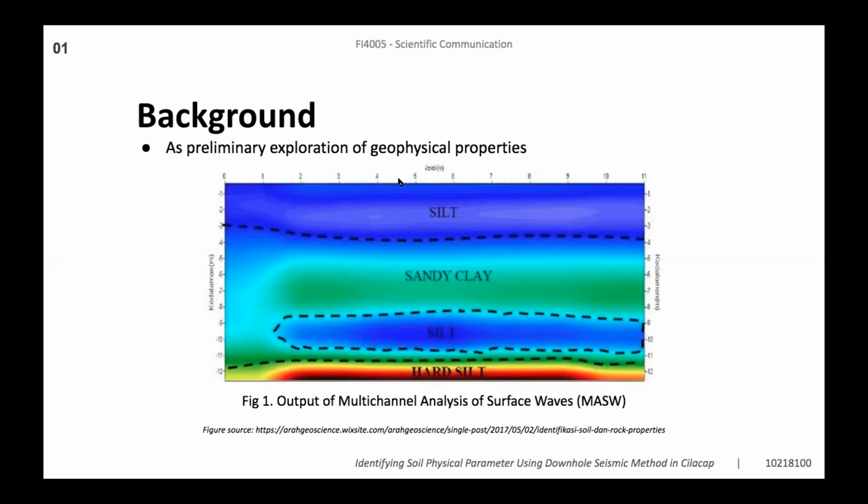In this figure, there is already information on 3 different types of soil, such as salt, sandy clay, and hard silt, at different depths. This information was also obtained with the same method that I used. However, we're going to have a slightly different outcome, as the image shown by the end of this research.